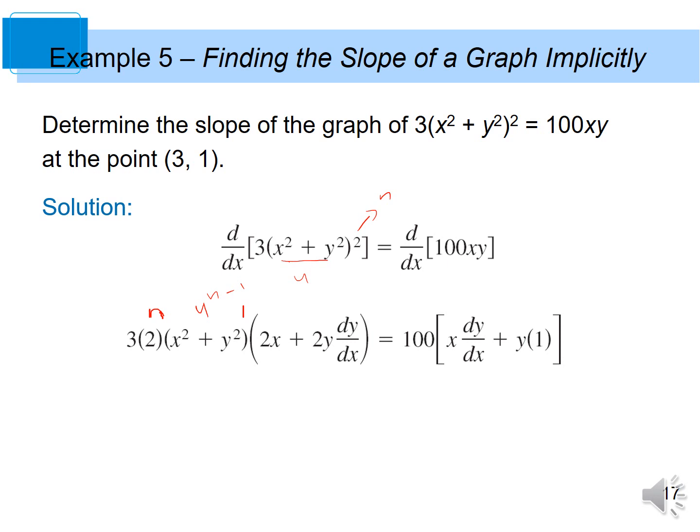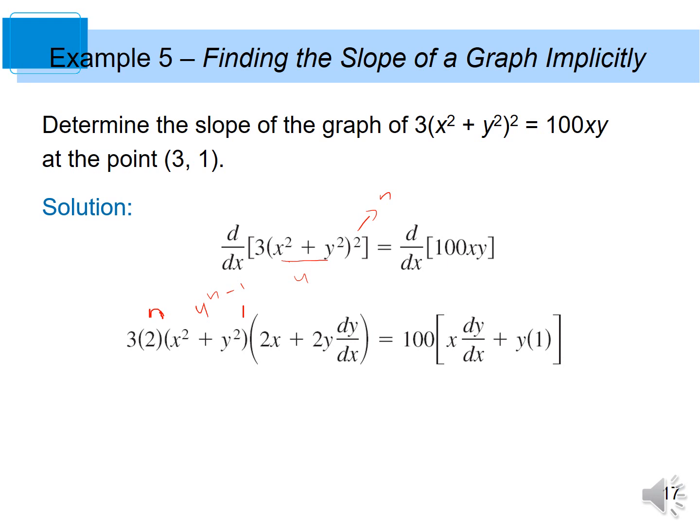We differentiate y squared with respect to y times dy/dx, equal to 100. Okay, differentiate 100xy with respect to x. The 100 is a constant, so we just keep the constant. And xy is in product form, so we use the product rule.